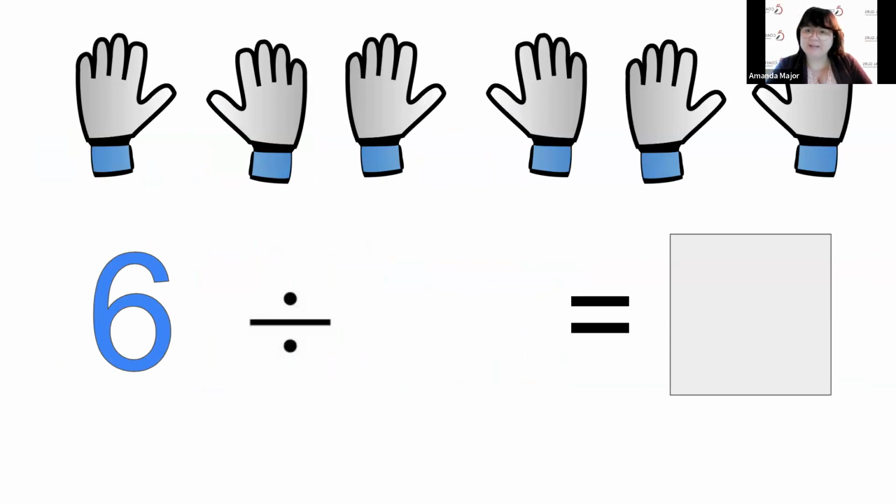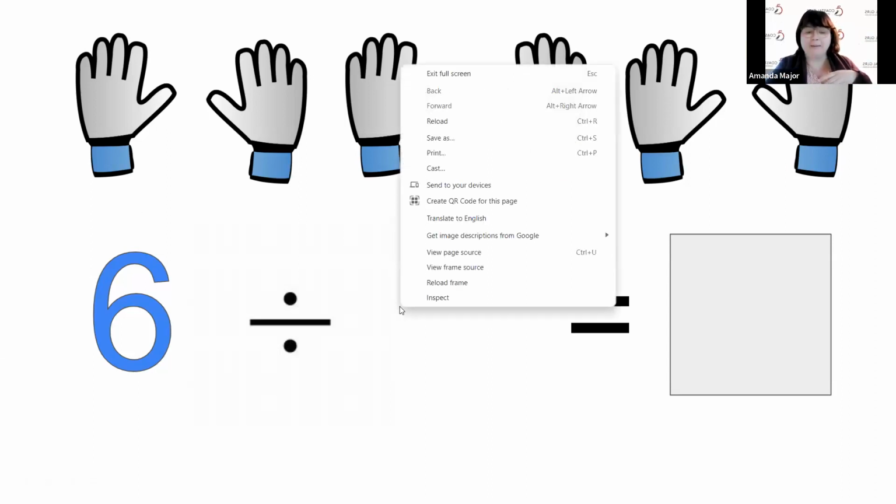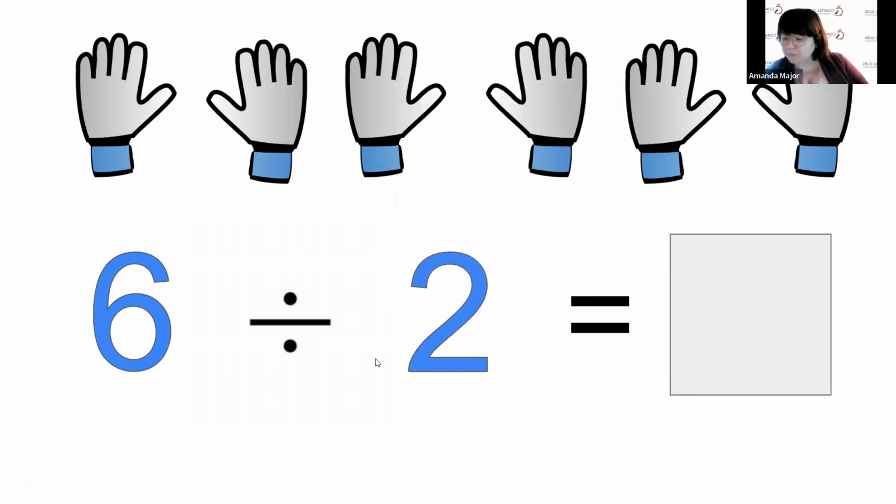Someone can raise their hand. Yes, Mina. We're dividing by 2 because that's how many hands we have. You're right. A pair is 2, and we have 2 hands. So our divisor is going to be 2. You did a great job using your reasoning skills to think, oh, two hands, two makes a pair, so two is what we're going to be dividing by.